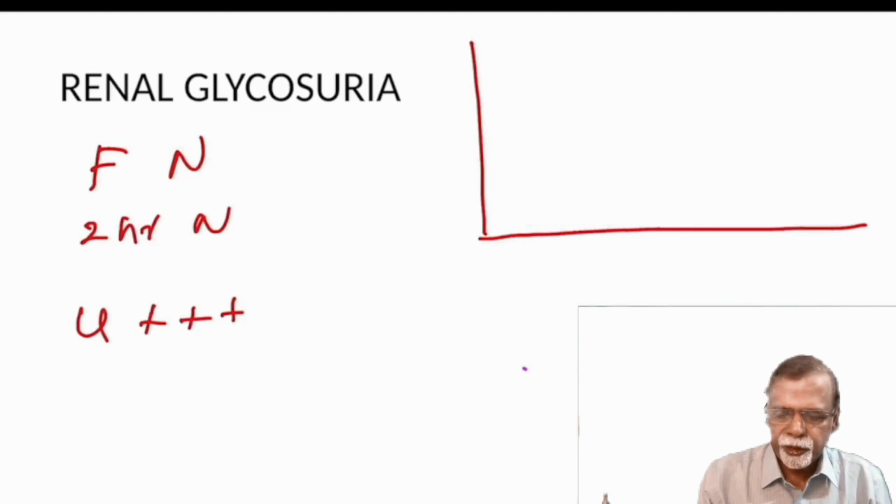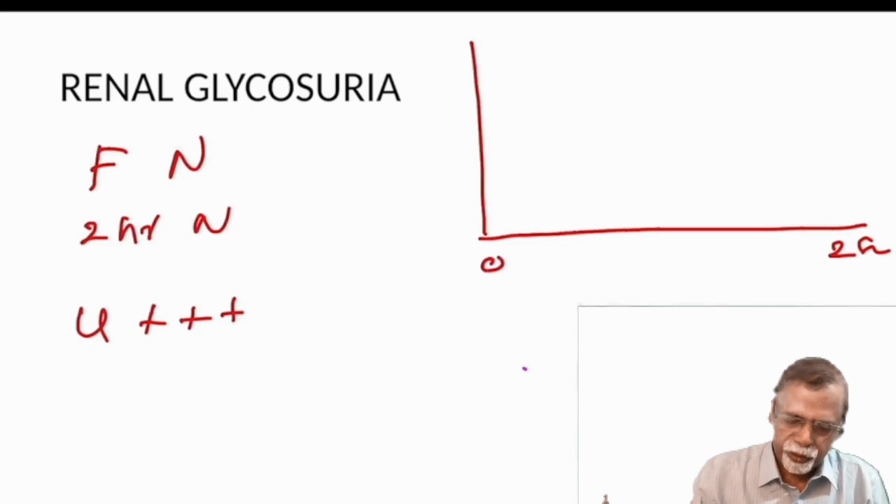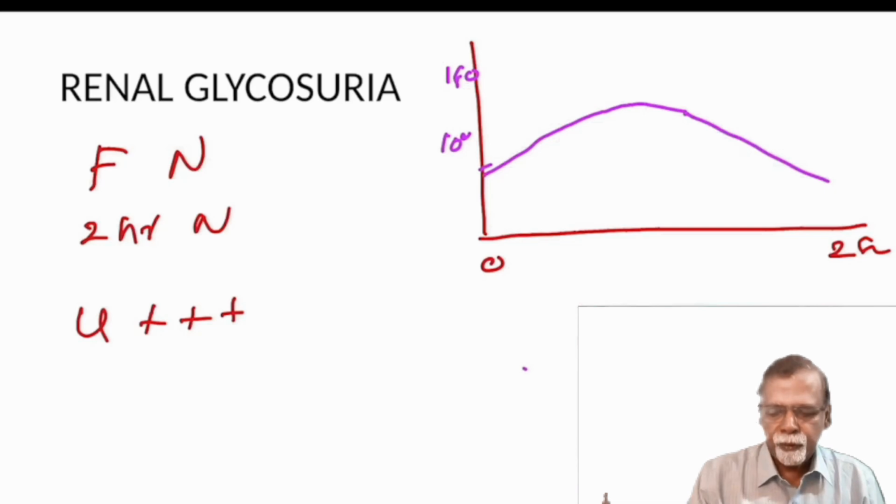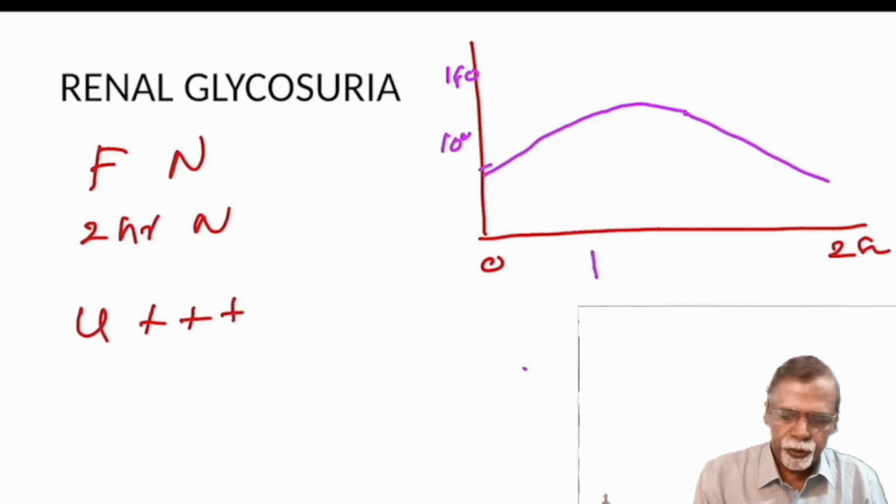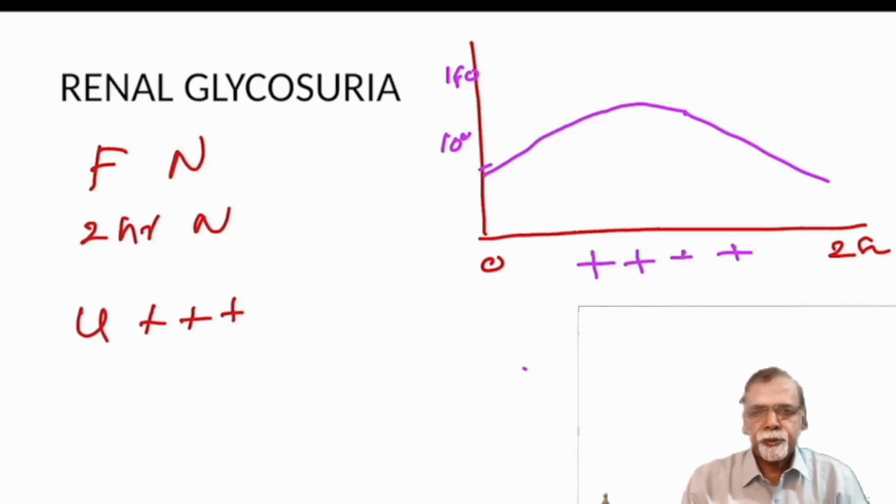This is the x-axis, time, 2 hour. This is 0 hour. You see the fasting sugar is less than 100, the 1 hour value is less than 180. So the graph is like this, but the urine shows sugar in samples.